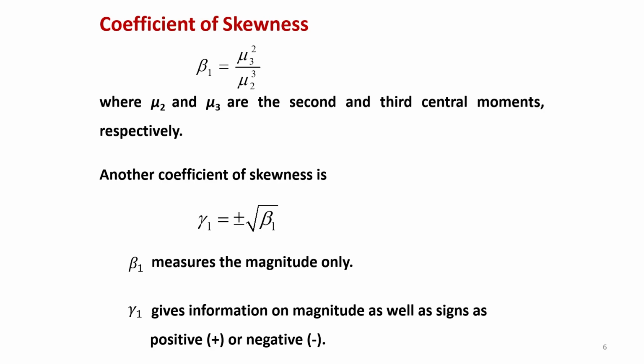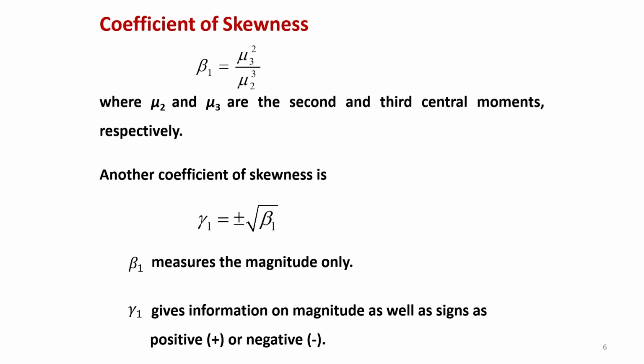Now we define the coefficient of skewness. You will see we are going to use the concept of moments. Do you remember that we defined the central moments: mu1 as the first central moment, mu2 as the second central moment, mu3 as the third central moment, and so on?